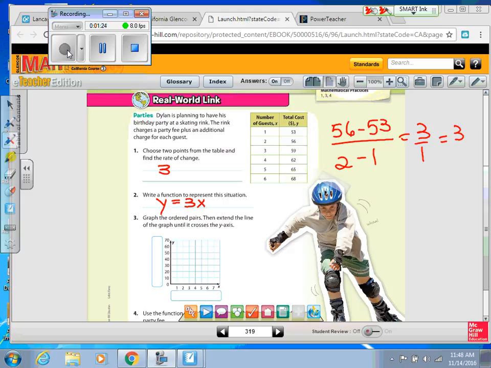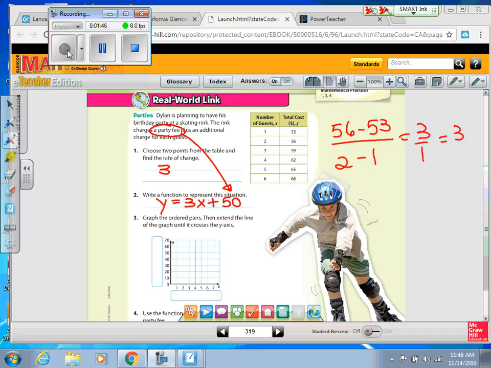So by analyzing the table, we know that we're also adding 50 to every one of those figures in the y column of the chart. So 3 times 3 is 9, plus 50 is 59. So apparently the party fee is 50.